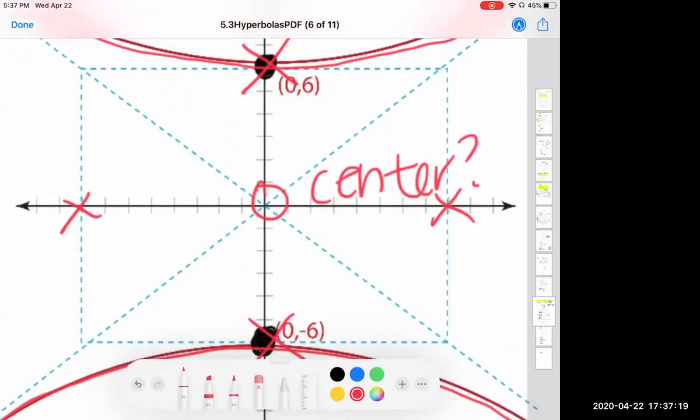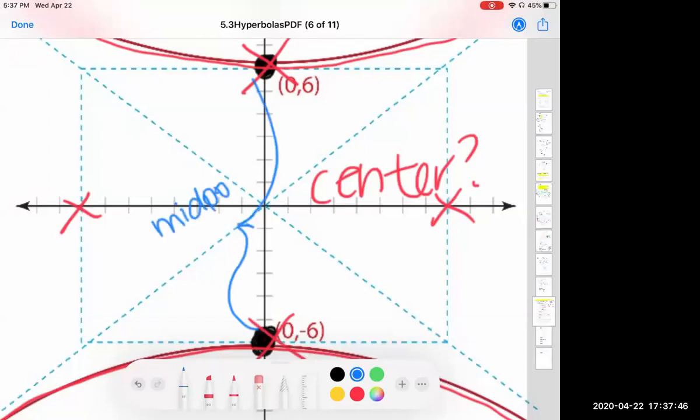Well, you can try counting, but sometimes when I count, I can get it wrong. But I know that if I go ahead and do math, I will not get it wrong. So you can also go about finding your midpoint between those two points.